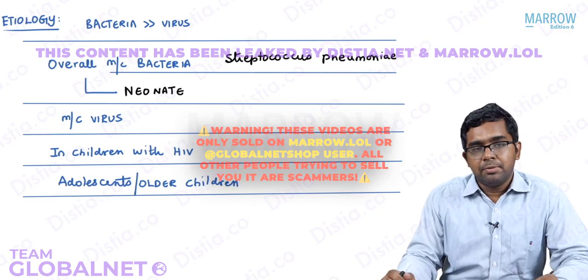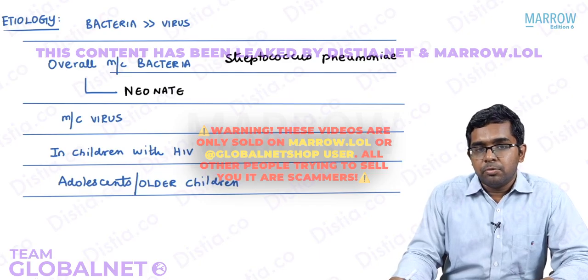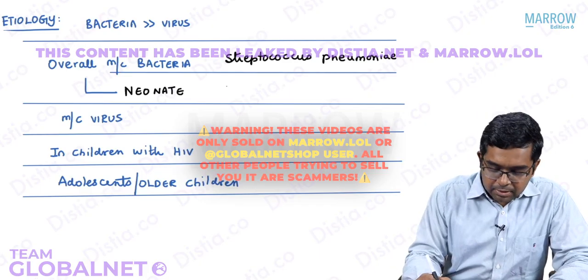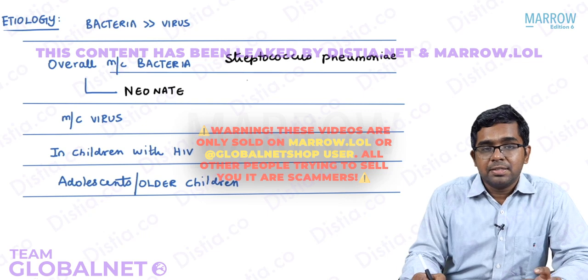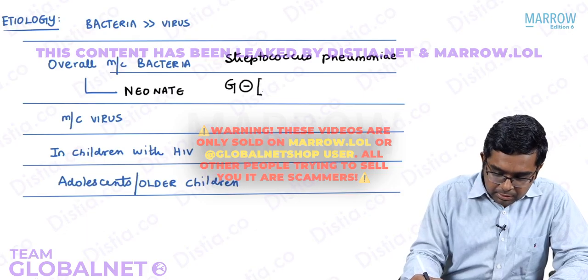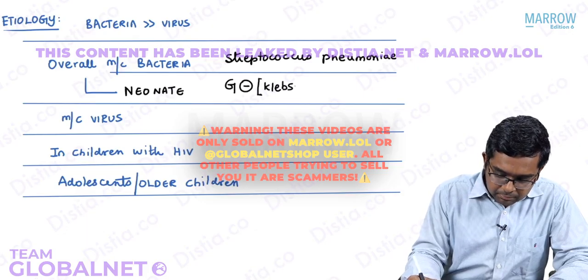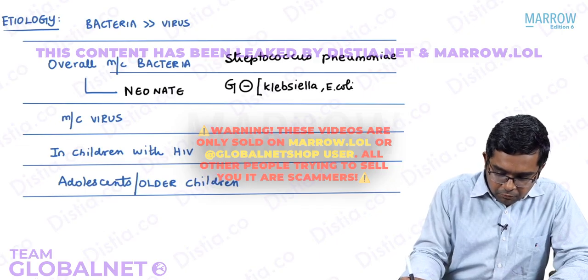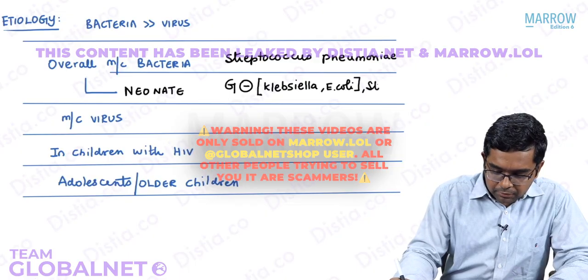And if the question is slightly modified, the most common cause of pneumonia in neonates, then your answer is slightly different. What we have discussed in neonatal sepsis, the same group of organism only. What is that? It is a gram-negative bacteria like Klebsiella and E. coli. And followed by that, you have Staphylococcus aureus as a common cause.